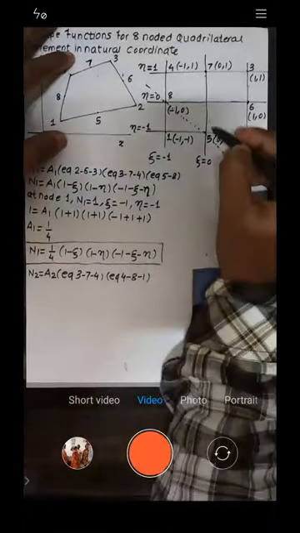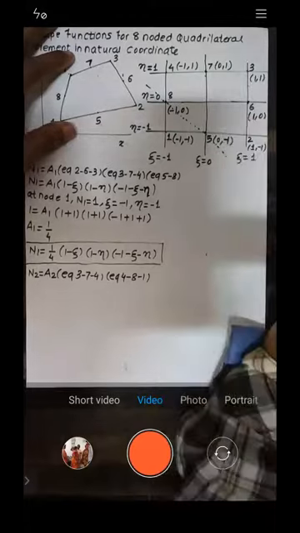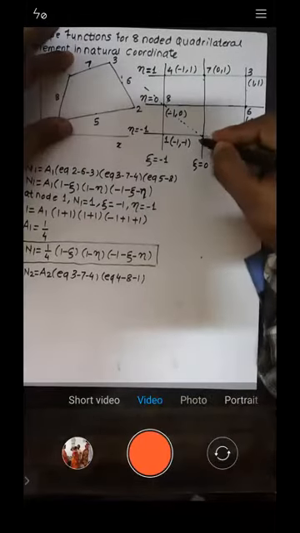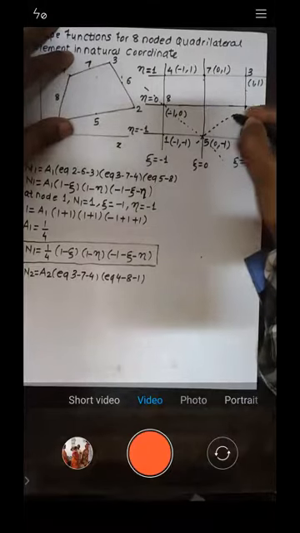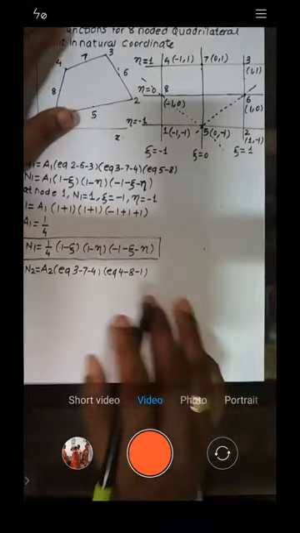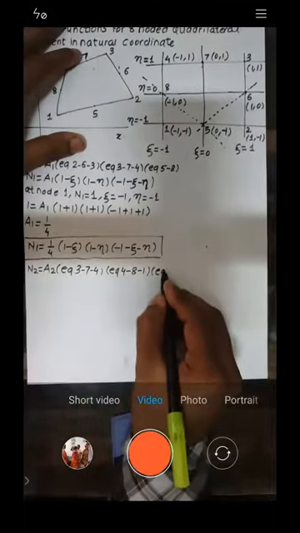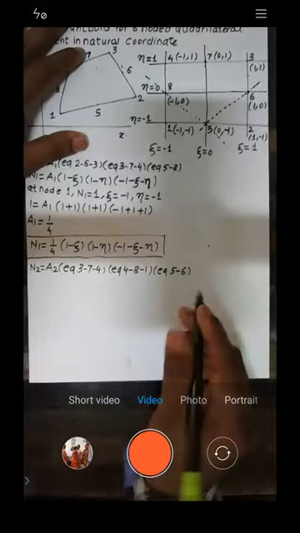So which nodes are not covered? 5 and 6. So you need to draw one line, like this, which will join 5 and 6, so those nodes will get covered. So into the equation of 5, 6.